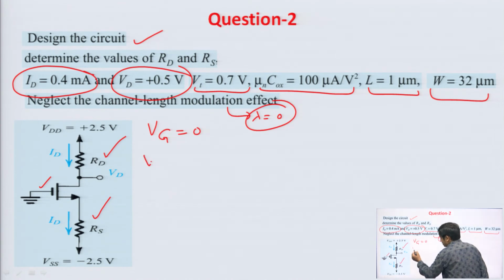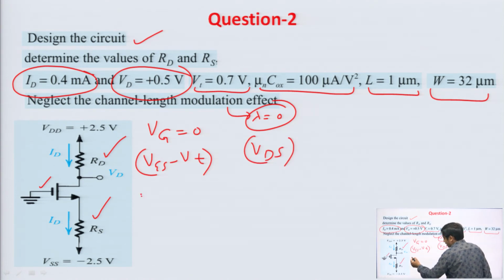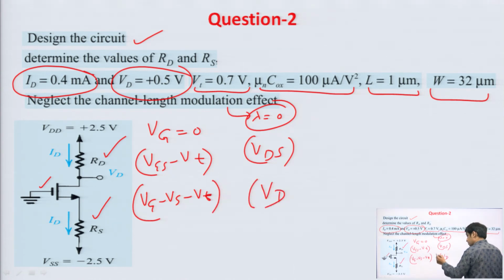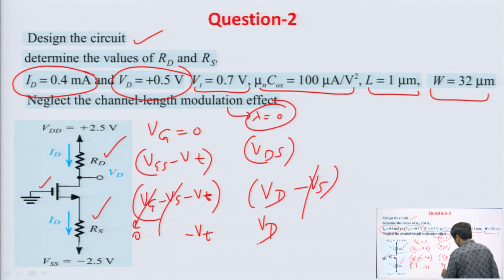Your gate voltage is 0, fine, the gate is grounded here. Now, calculate the overdrive VGS minus VT and VDS and compare it. VGS minus VT can be written as VG minus VS minus VT, and VDS is VD minus VS. So, your gate voltage is 0, your VS cancels out, then on the left hand side it is minus VT, and on the right hand side it is VD, and VT is given, that is 0.7 volt.